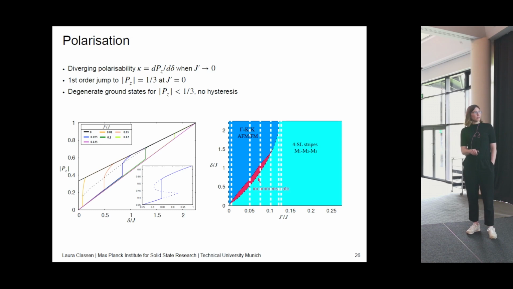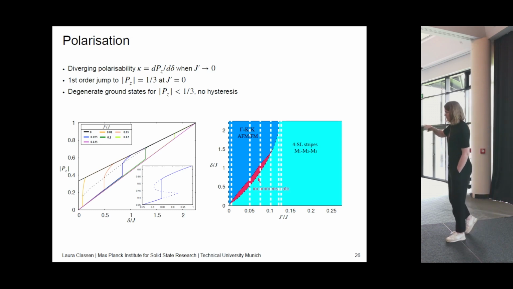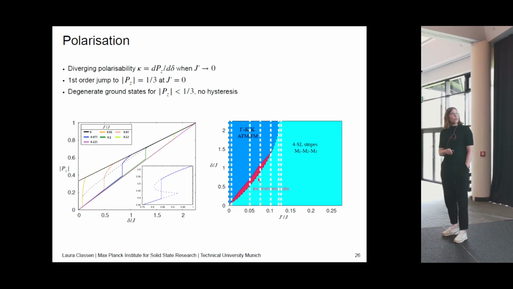And we find that in the blue regions of the phase diagram, the polarization rises linearly, whereas it's non-linear in this incommensurate state, and there's a first order jump when crossing this first phase boundary.